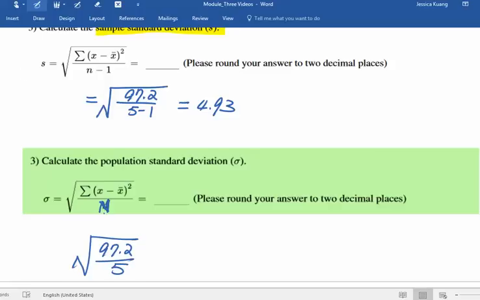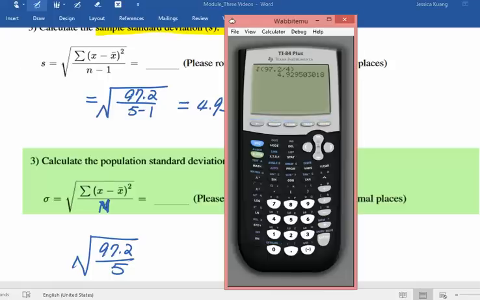Notice I changed the lowercase n to a capital N. It's just a convention: if we are talking about population size, we use capital N. In my answer, notice the population standard deviation is always less than the sample standard deviation using the same data set. My answer is 4.41.